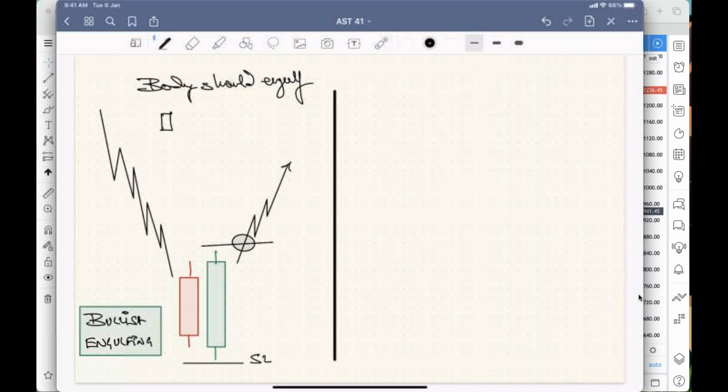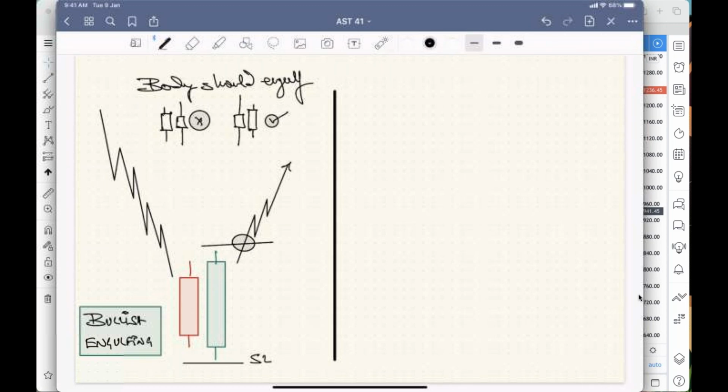If this is day 1, if this is day 2, then this is not an engulfing. If this is day 1 and this is day 2, then this is an engulfing.